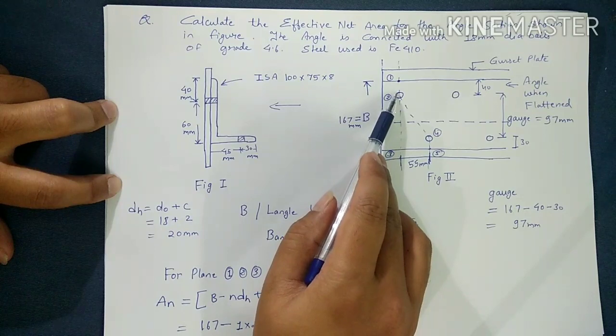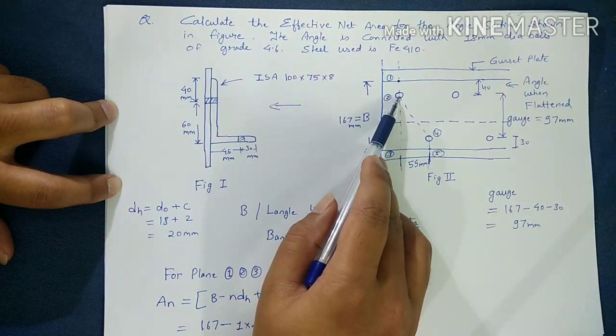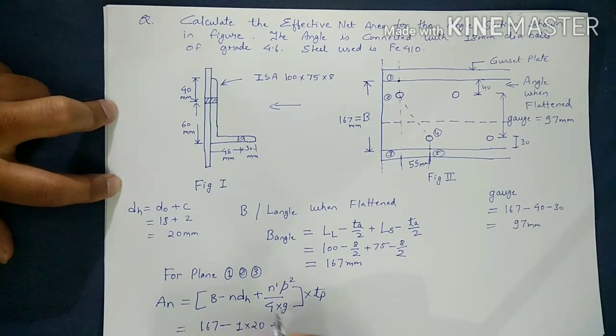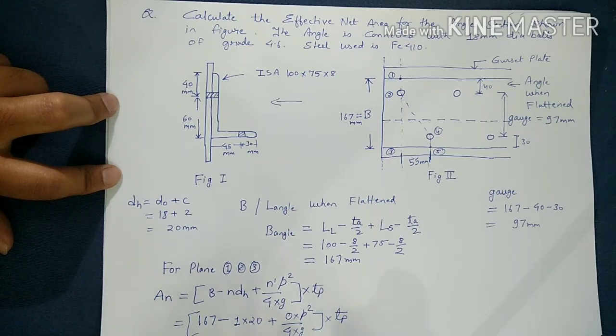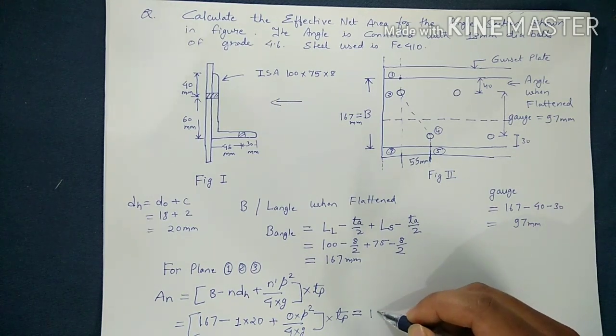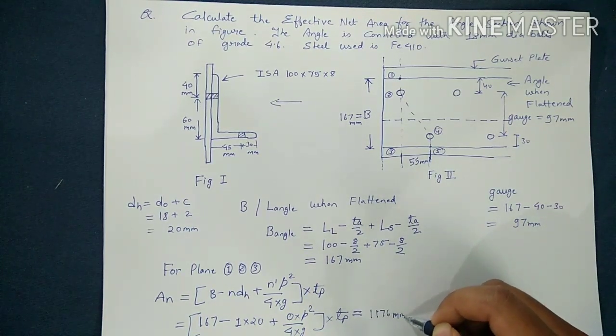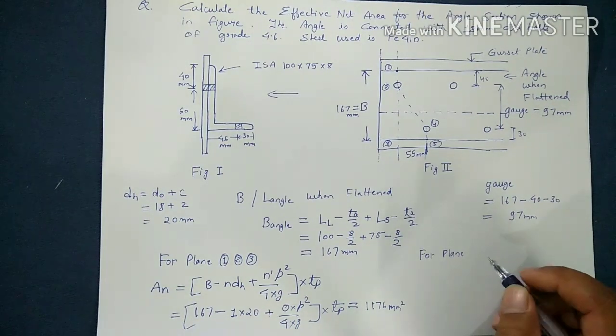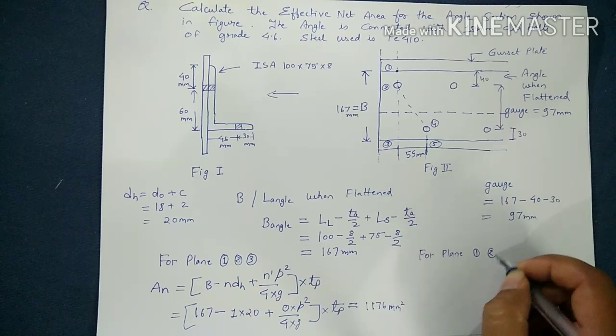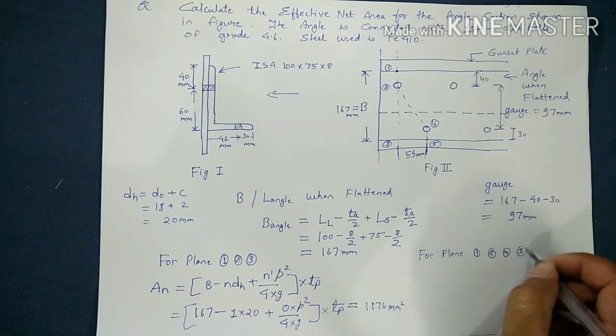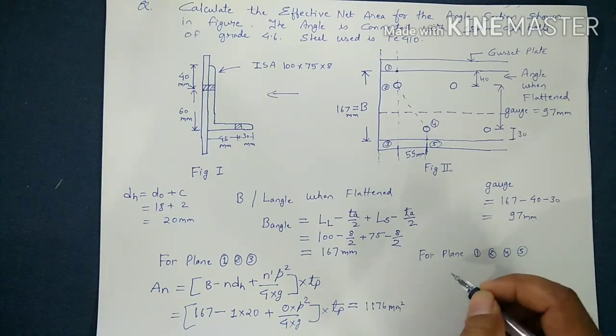Here this plane has not staggered any time, so n dash will be 0, into pitch square upon 4 into G, into thickness. On solving this, we get 1176 mm square.